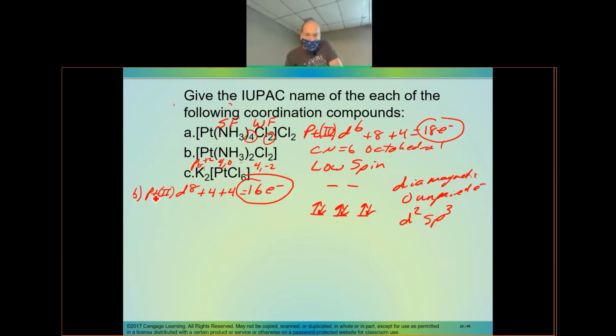Now we have a coordination number equal to 4 because we have 2 NH3s and 2 Cls. So it's either going to be square planar or tetrahedral. Remember, if your coordination number is 4 and you are d8, which it says right here, you are square planar.